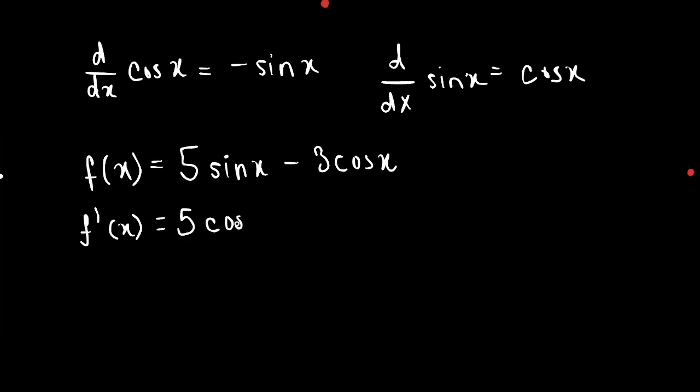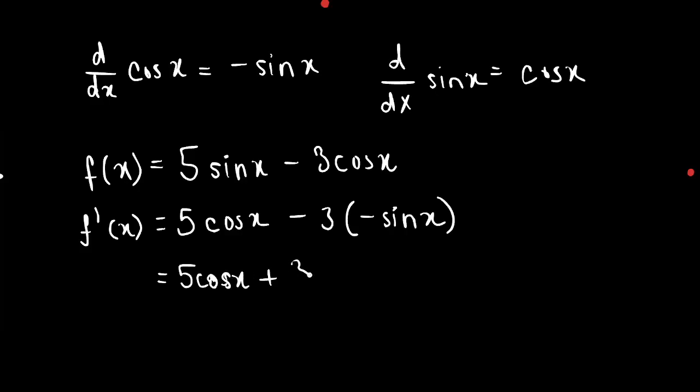So 5 cosine x minus 3 times the derivative of cosine, which we know is negative sine. If we simplify this a little more by distributing our negative, we get the derivative of this function to be 5 cosine x plus 3 sine x. So this is our answer here.